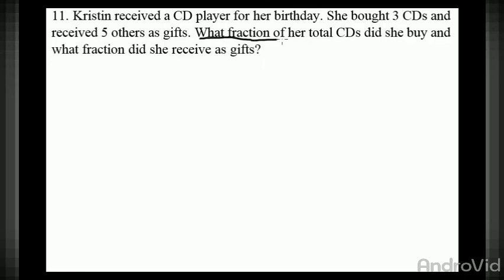Number first is, what fraction of her total CDs did she buy? That is, how much she bought, that we have to find the fraction of it from the total. Second is, she received as a gift from the total. That makes our second question.